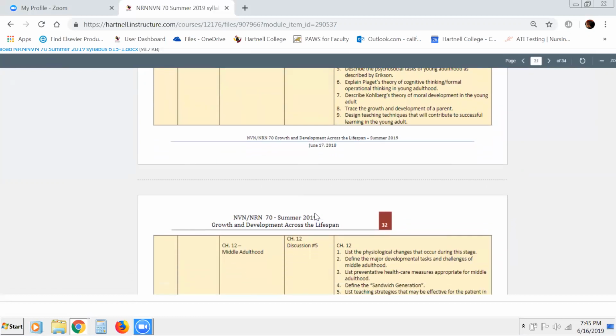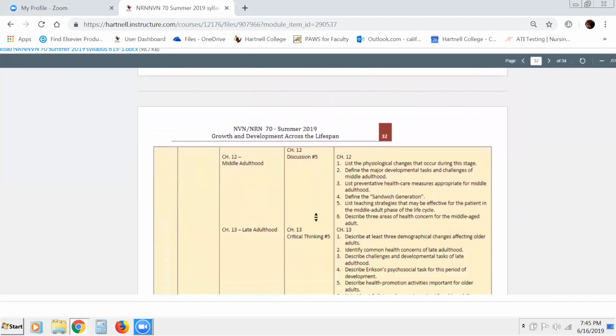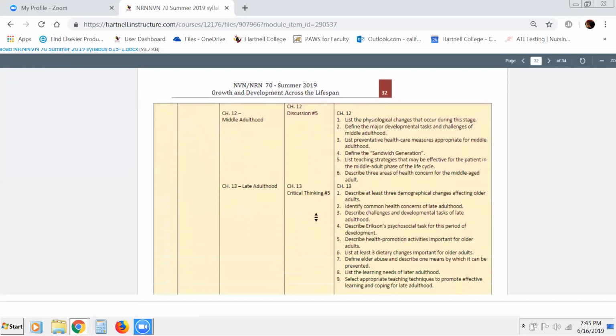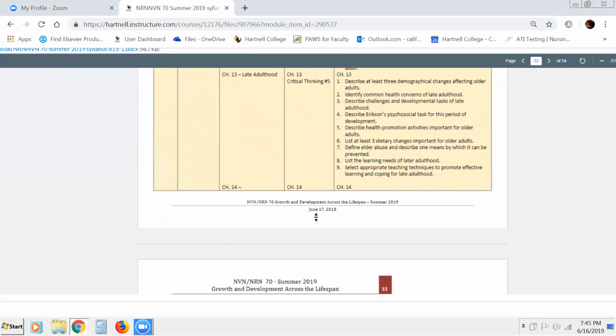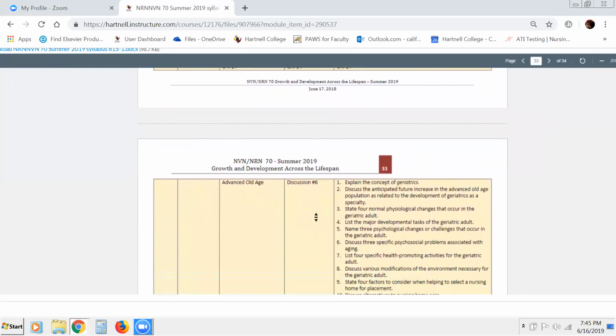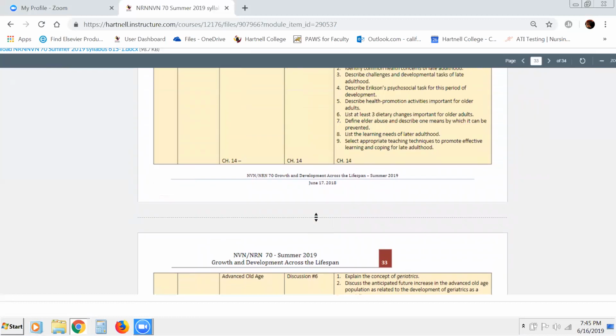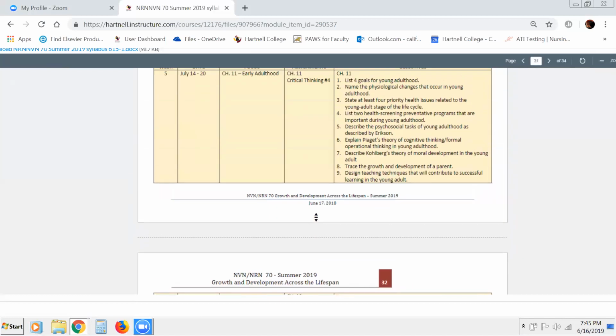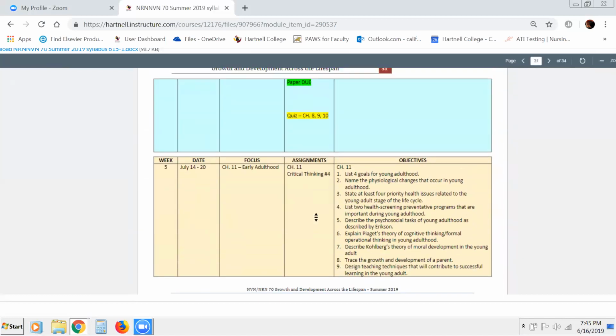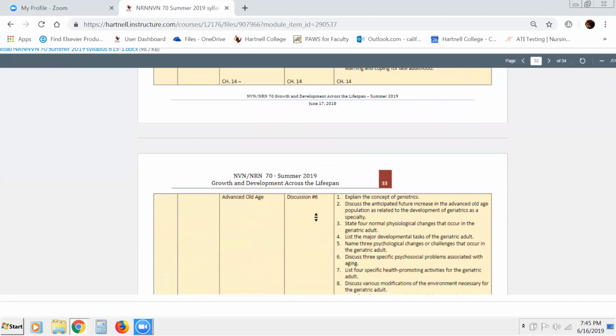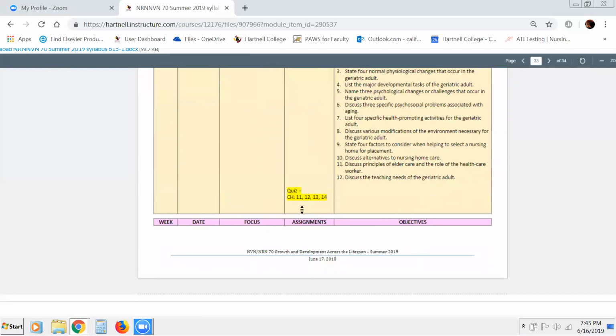There's a critical thinking question, middle adulthood with a discussion, late adulthood with a critical thinking question, and then advanced old age has another discussion question. You should be thinking at this point and working in your pairs on your capstone project. I'll go into that in detail in another video as well. And then a quiz on chapters 11, 12, 13, and 14.